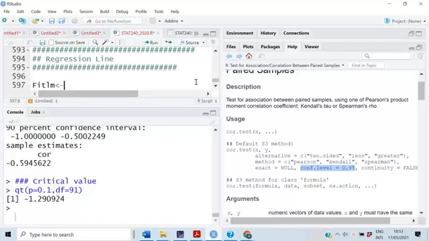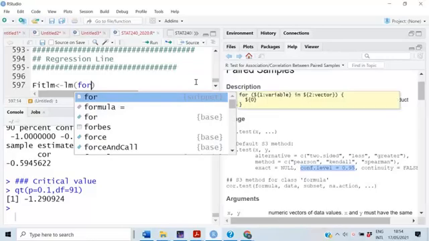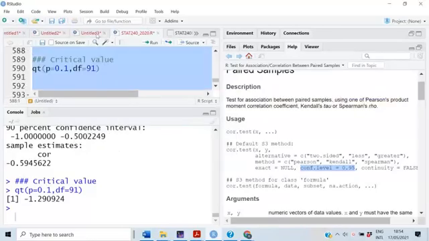So we are using that to help us explain the price. To do that, we use what we call an LM, which is a linear model. And I think we've done this. And then the formula. As I said, you don't need to memorize.